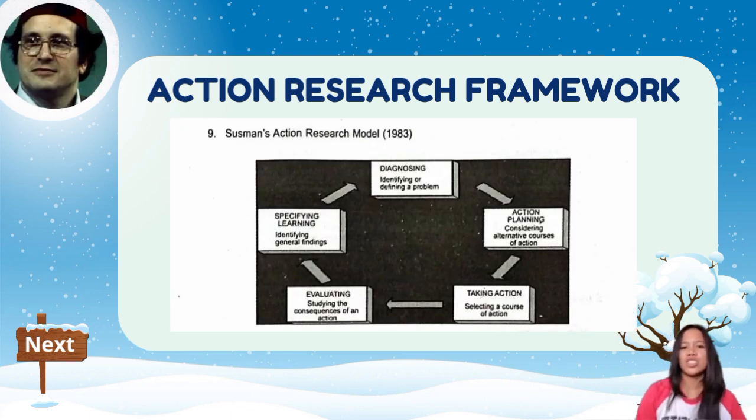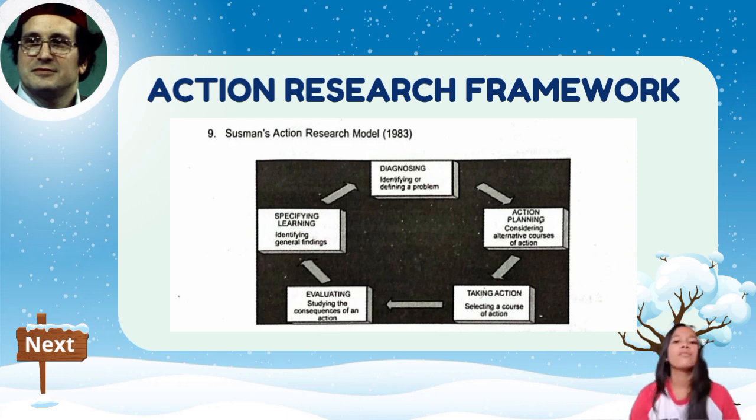The Sussman Action Research in 1983. So this model presents action research as a structured process with several stages. It starts with diagnosing the problem by identifying and clearly defining the issues. Next, the researcher develops an action plan by considering possible strategies to solve the problem.